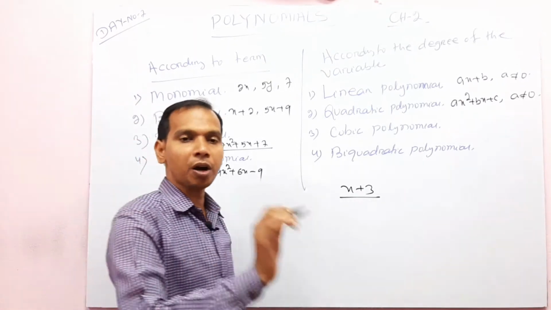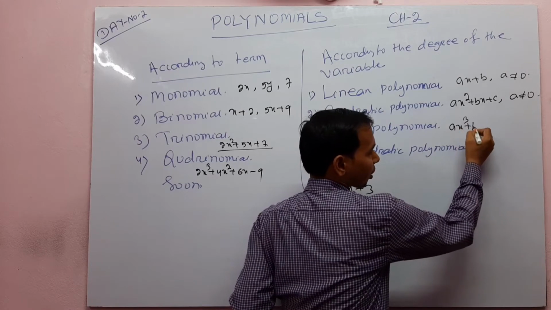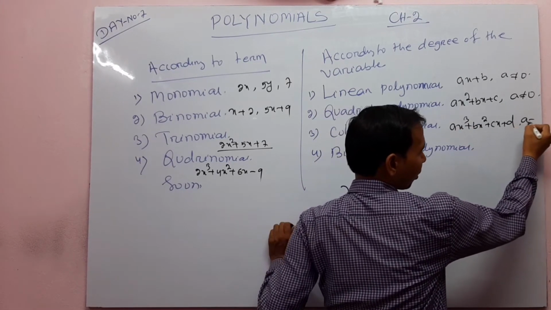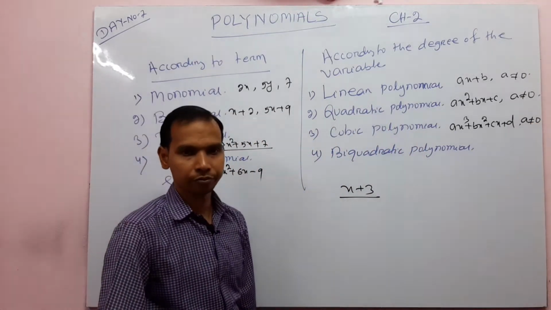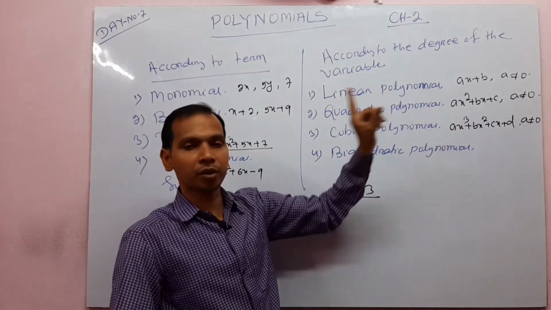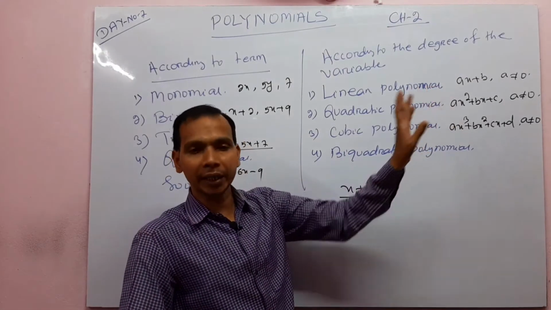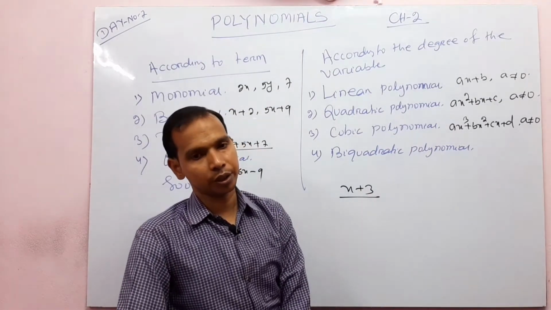And the standard form of a cubic polynomial is ax cube plus bx square plus cx plus d, where a is not equal to 0. In a cubic polynomial, the maximum power of the variable is 3, number of factors also 3, number of zeros also 3.